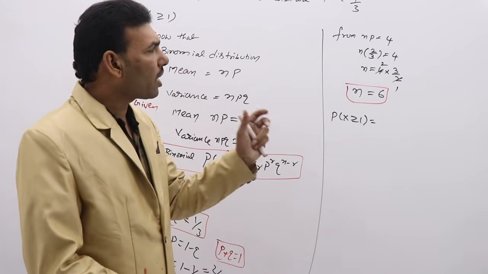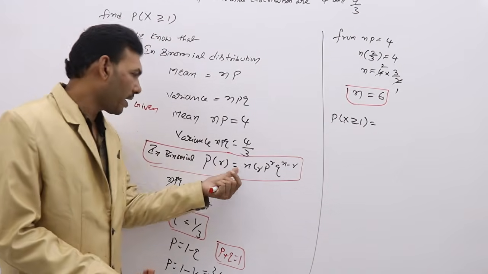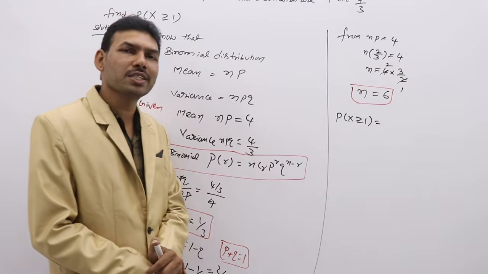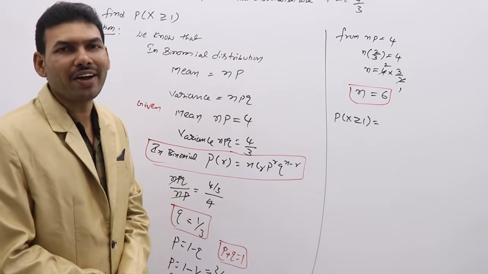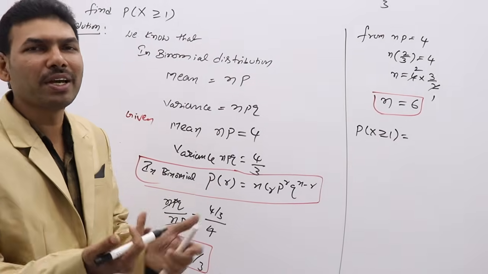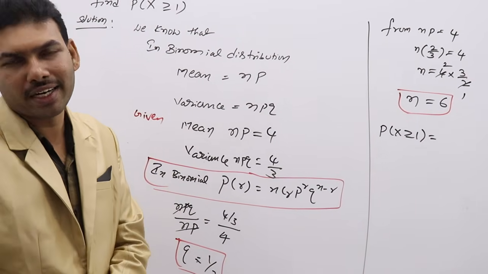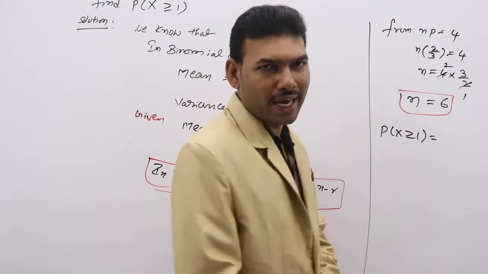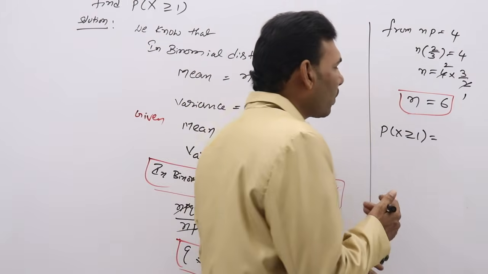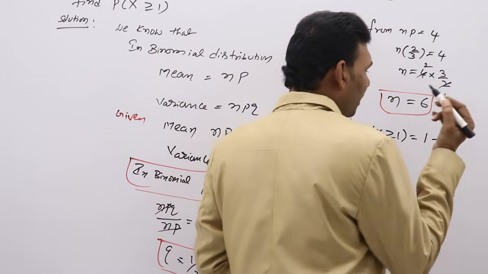But you need to write the nCr P power r Q power n minus r formula 6 times and substitute all the values. The calculation may be a little lengthy, difficult and time taking. To reduce time and calculate very easily, there is one indirect method.